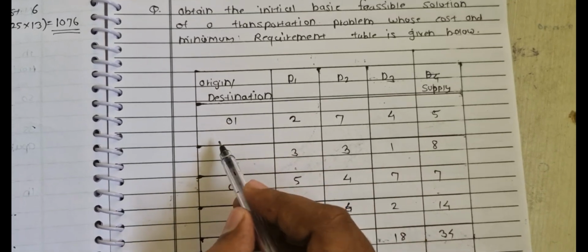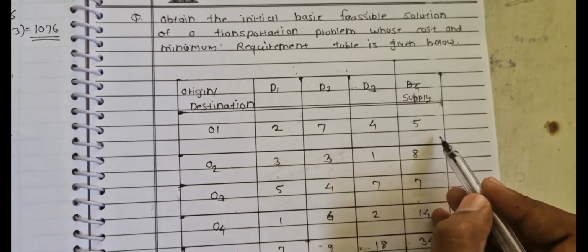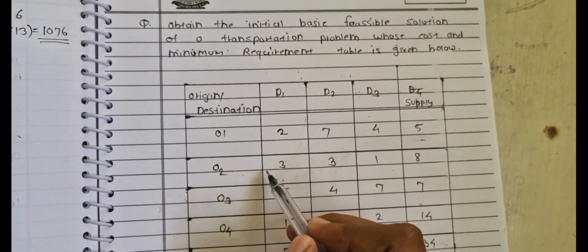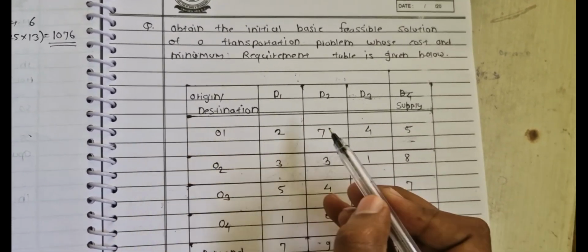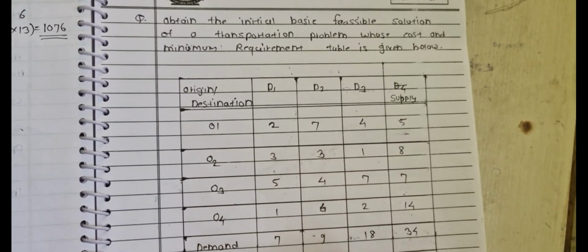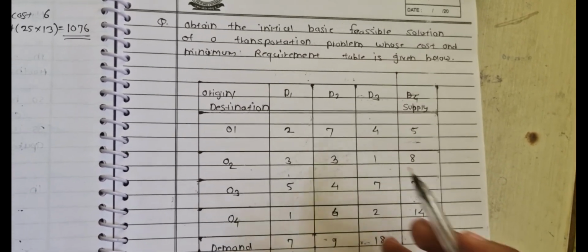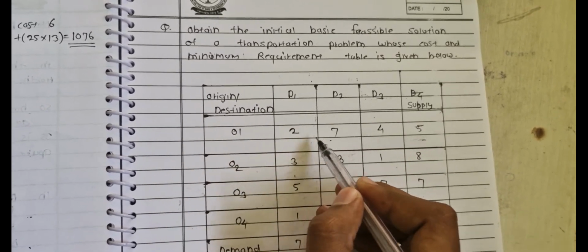First is the O1 origin. The total supply from O1 is 5, from O2 it is 8, from O3 it is 7, and from O4 it is 14. The demand for D1 is 7, for D2 it is 9, and for D3 it is 18. And here you can see these values 2, 7, 4.